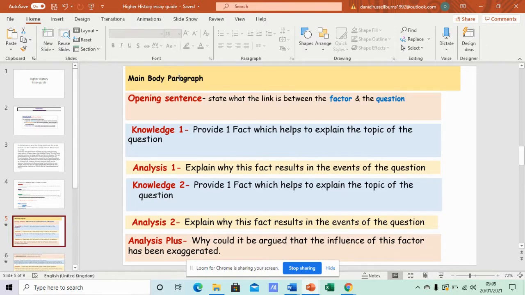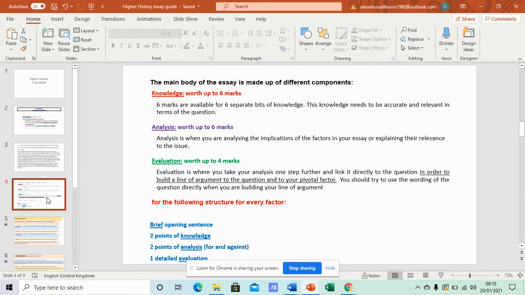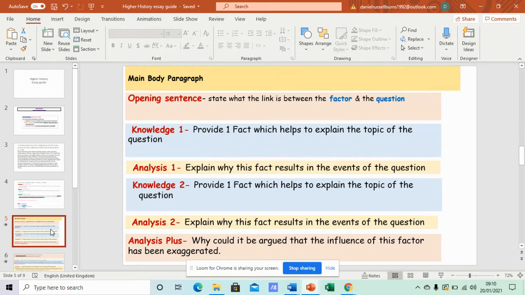We have our opening sentence, knowledge 1, analysis 1, knowledge 2, analysis 2, analysis plus. So we're thinking about that OCACA structure. If you're going to attempt evaluation, you'll have that E at the end, the OCACAE, just to bring in that evaluation, but your basic structure for a Higher History essay follows this format.